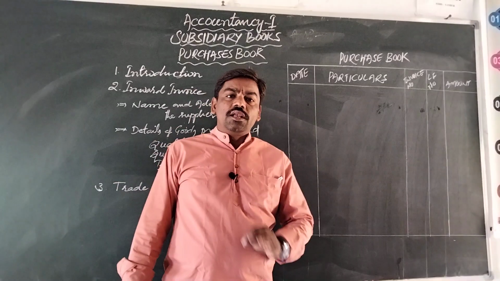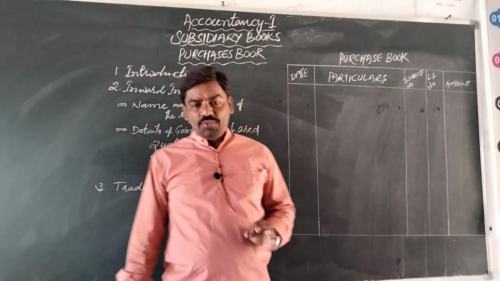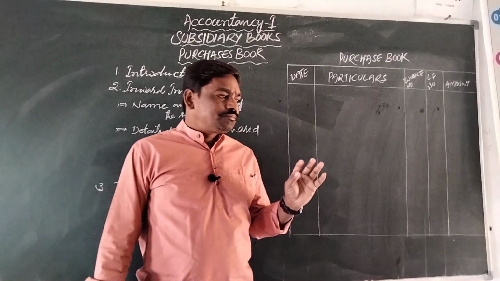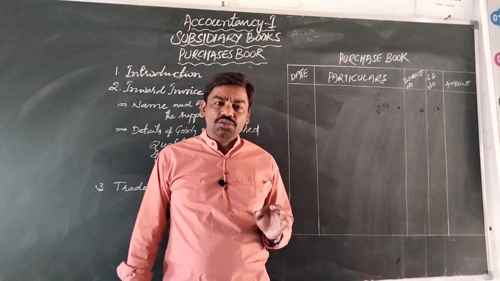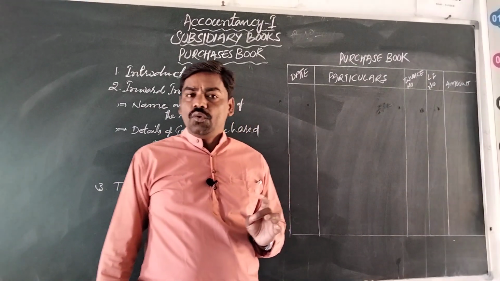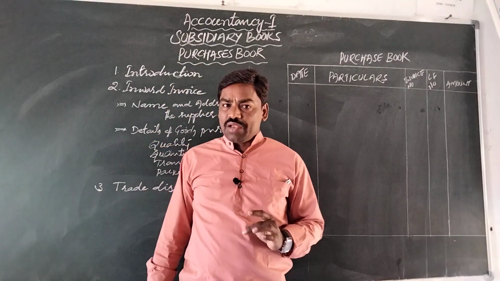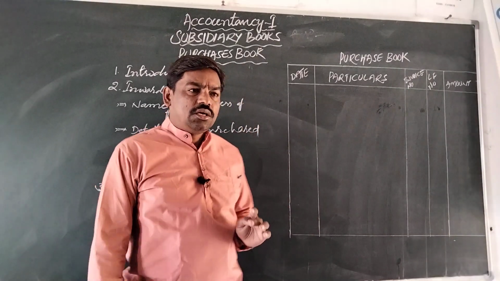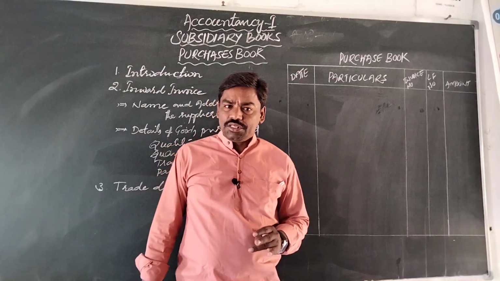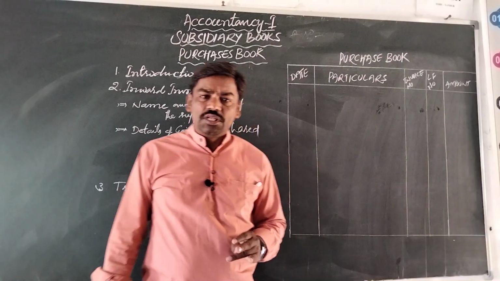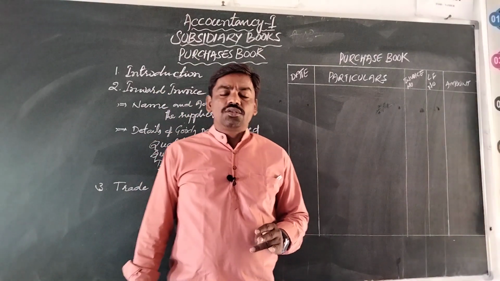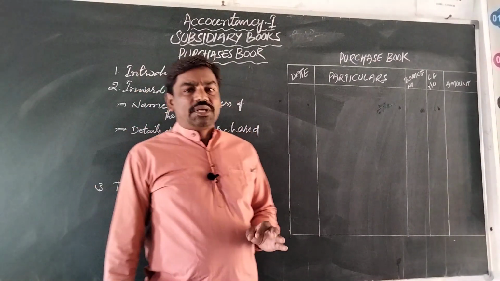There are a total of 8 subsidiary books, namely: 1 purchase book, 2 purchase returns book, 3 sales book, 4 sales returns book, 5 cash book, 6 bills receivable book, 7 bills payable book, 8 journal proper. So these are the total 8 subsidiary books. Here the first one is the purchase book.